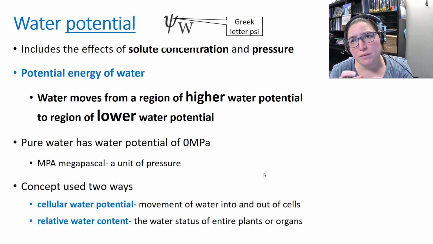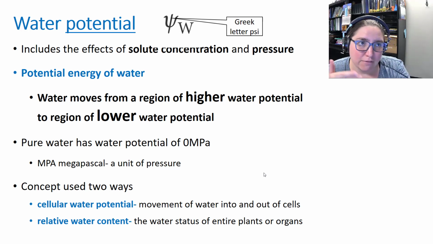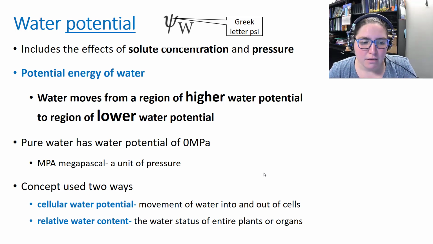You can put it into a chamber and add gas into that chamber and see how much gas or how much pressure it requires for water to leave the leaf or the stem or whatever you cut. So it's something that's actually measurable and kind of useful in ecology and interesting. I think it's interesting.